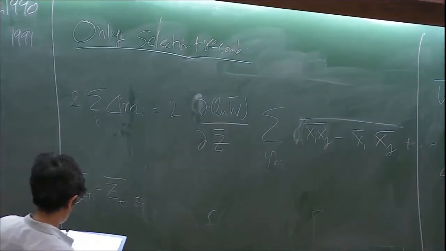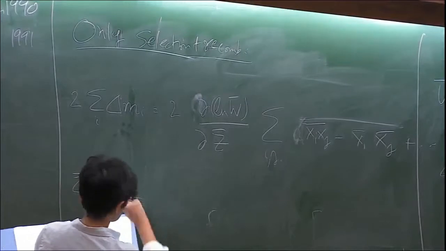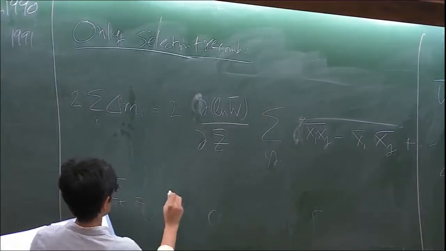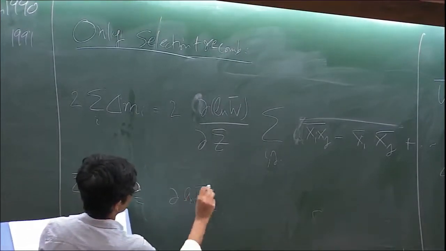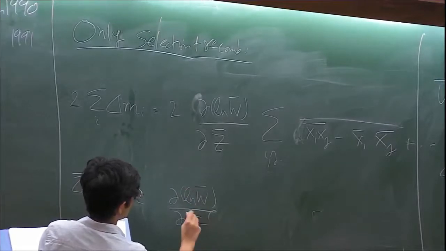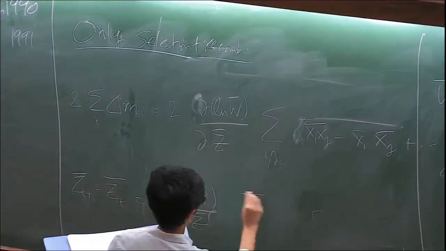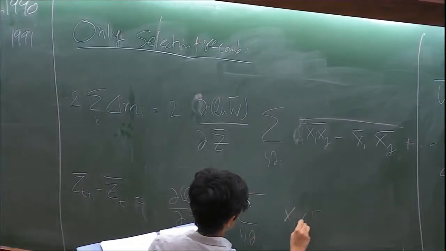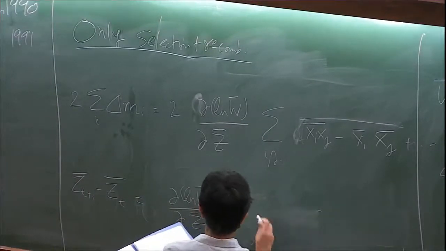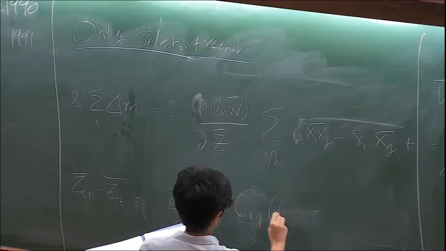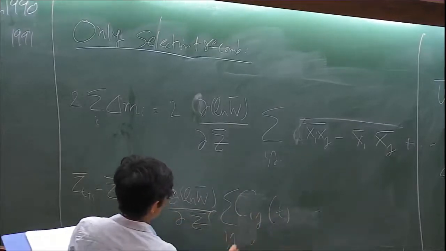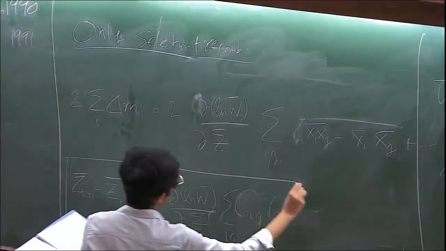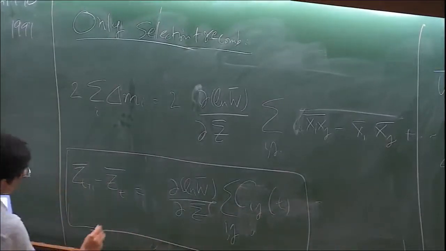If I follow these steps, I should get, sorry, I'm missing some factors of 2, something like this. Okay, I wrote it already. Or let's call it Cij. Right now I want to focus on this little bit only.